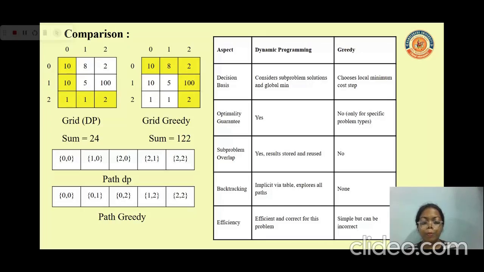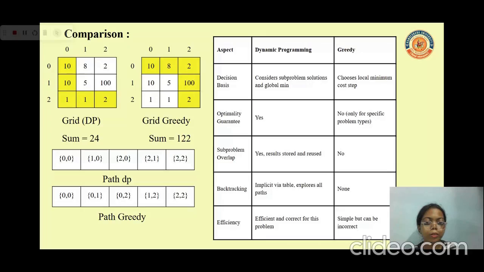There are various aspects in which these two algorithms differ, like the decision of where we should move. This algorithm decides very differently. Dynamic programming solves subproblems to get the solution of the main problem, but the greedy algorithm looks only at the local value.